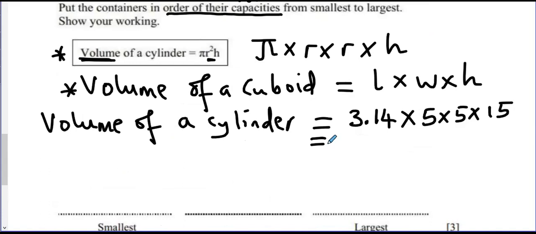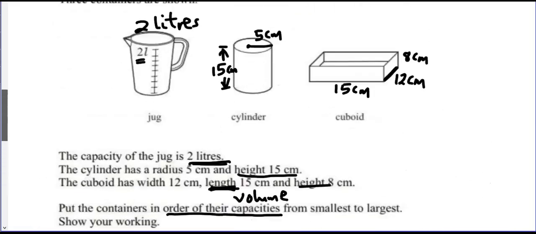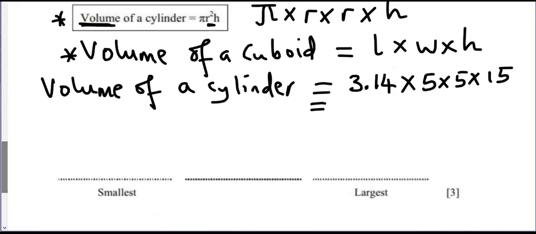Help me do that: 3.14 times 5 times 5 times 15. That gives you somewhere around 1177.5, and this will be in centimeter cube.